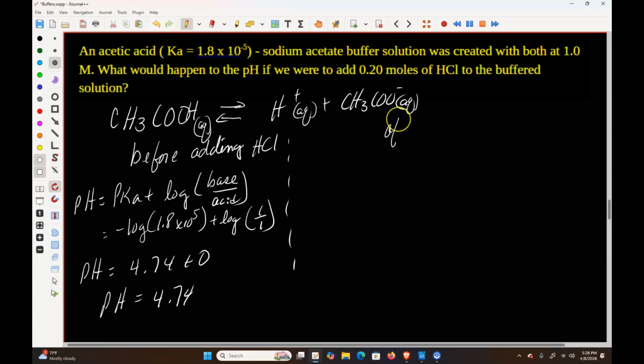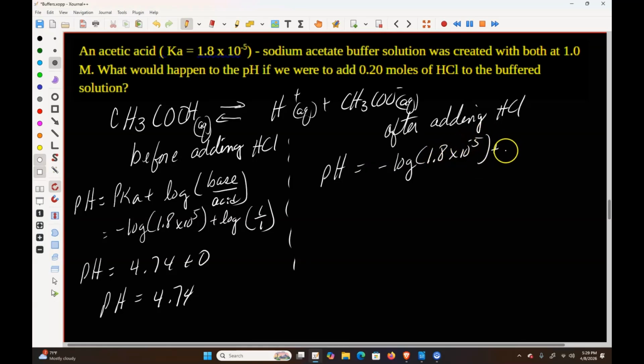Okay, after adding, Henderson-Hasselbalch again. All right, here's where it changes. If I'm adding acid, my base will diminish or decrease by the amount of strong acid that I'm adding. So this is 1, and I'm going to subtract 0.2 from that.